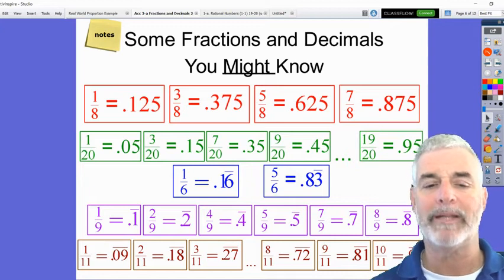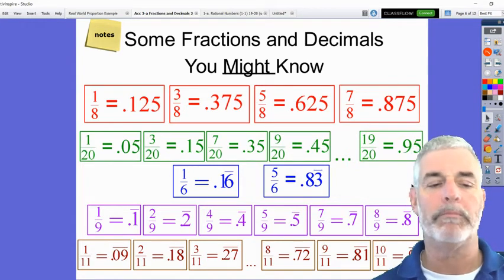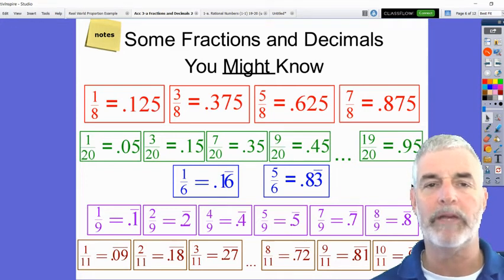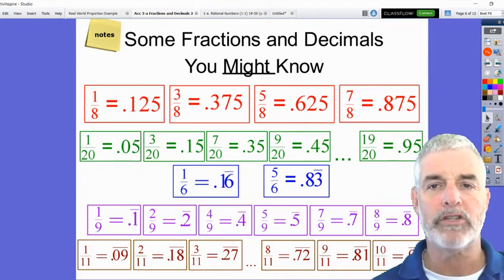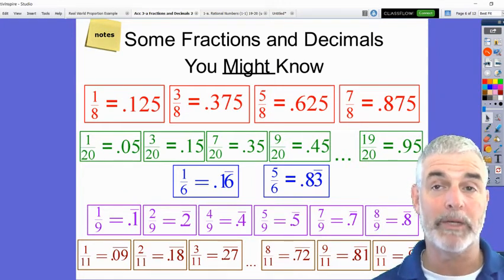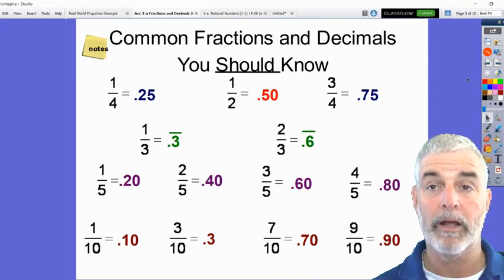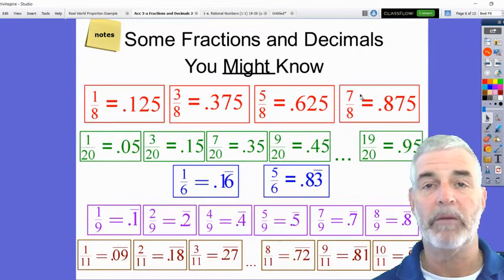Again, how important is it that you be able to do these things? Well, if we had more time, we'd drill and practice, and I would give you a memorized test on fraction decimal equivalents. I'm just going to leave that to you. I'm not going to test you on it. But certainly without a calculator, you should be able to do all of these, and maybe eighths.